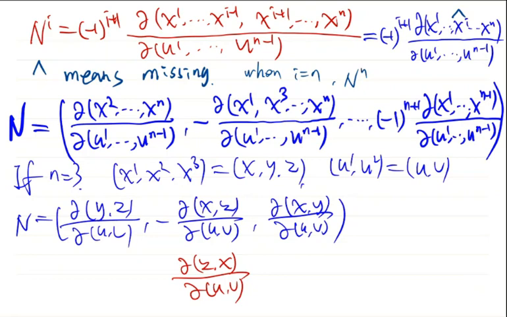Okay, so we see that when n equal to 3, our general result becomes our previous result deduced using the cross product of a three-dimensional space. Okay, so this is our method of computing the normal vector for a surface, even in very high dimensions.